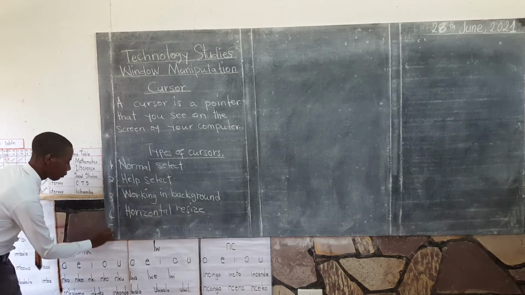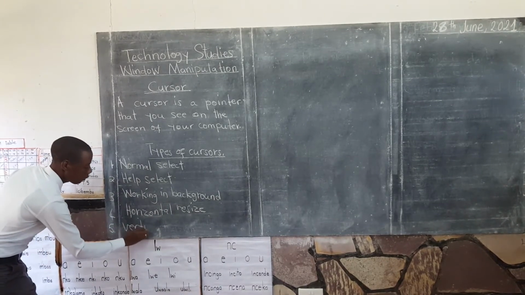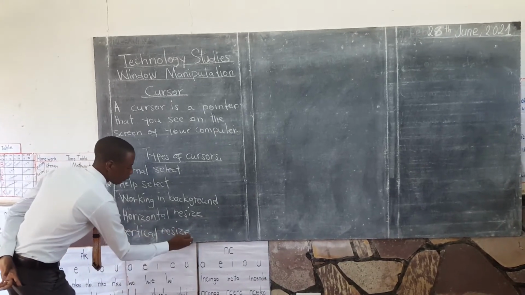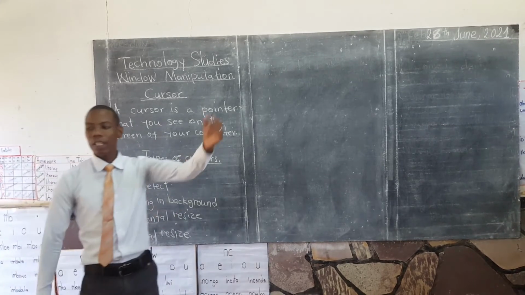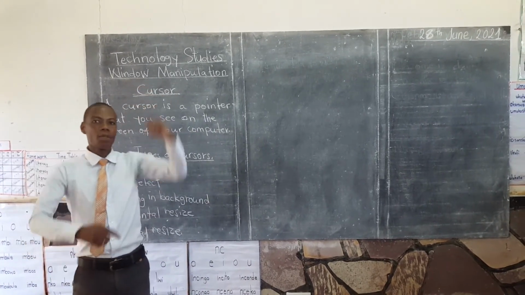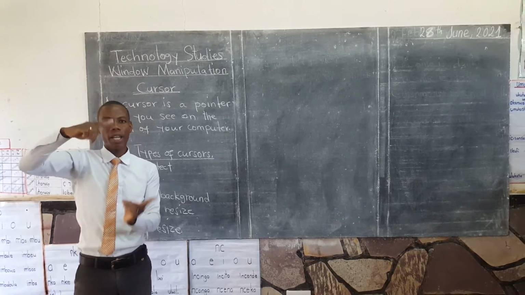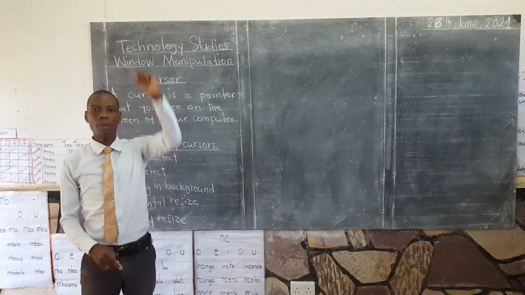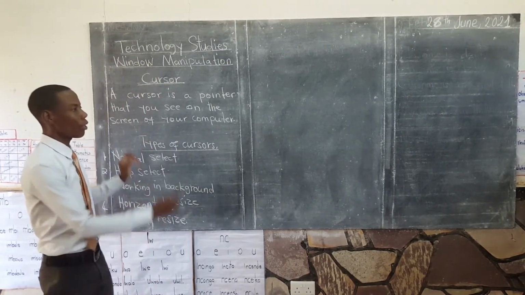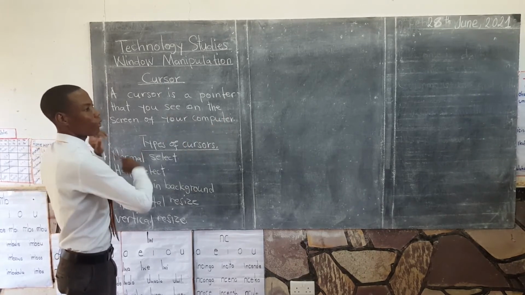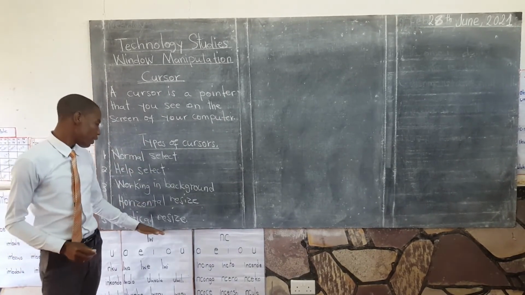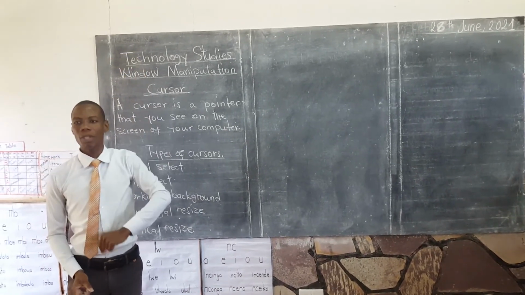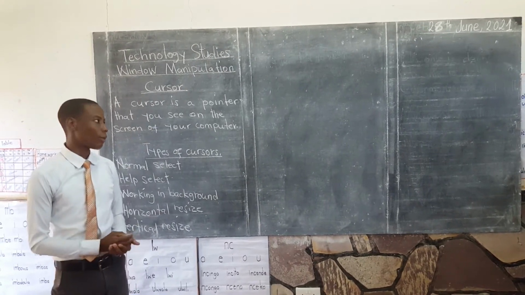Apart from that, we have a vertical resize cursor. It ensures that you change the size of the window, either reducing or increasing it, from up to down. Horizontal is left and right. Vertical resize is up and down, from the top to the bottom, or from the bottom to the top.